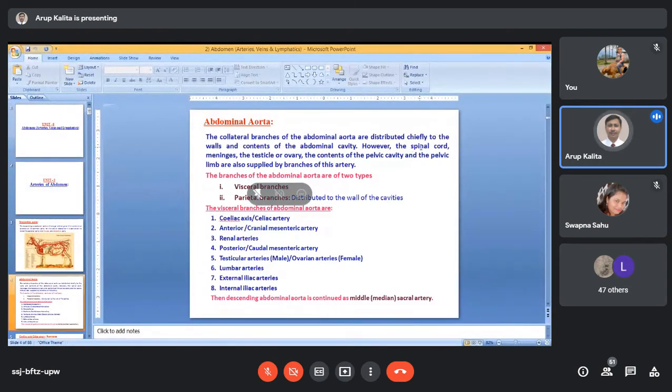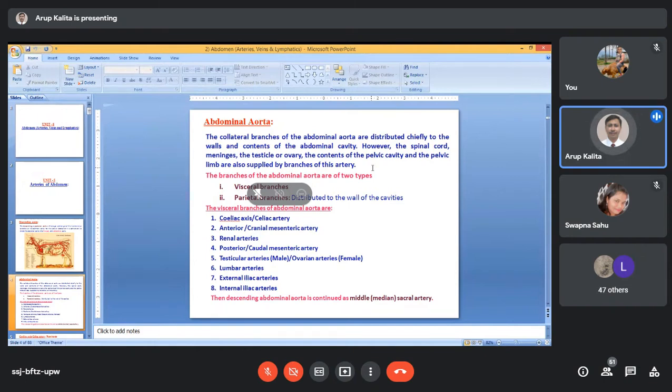However, the spinal cord, meninges, testicles or ovary, the contents of the pelvic cavity and the pelvic limb are also supplied by branches of this artery. That means the collateral branches of the descending aorta will not only supply the abdomen, but also give branches to the pelvic limb.